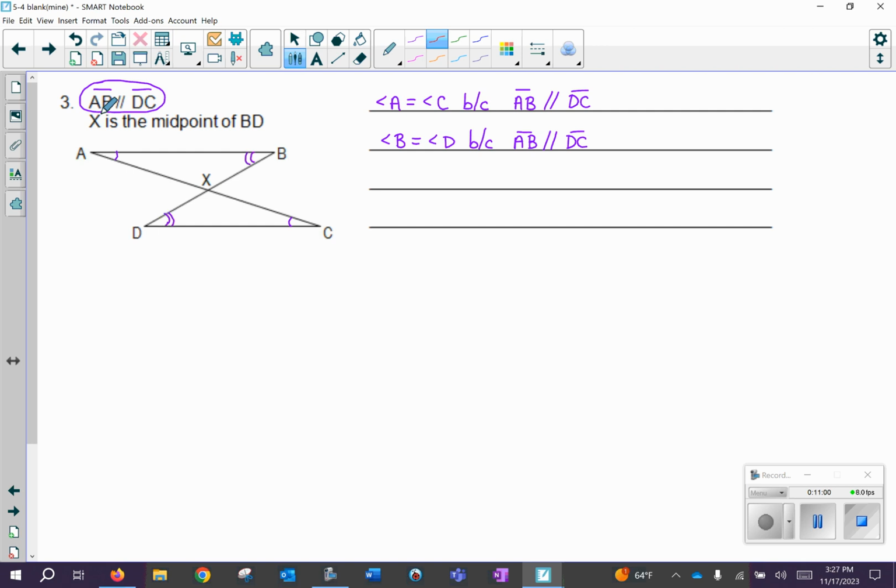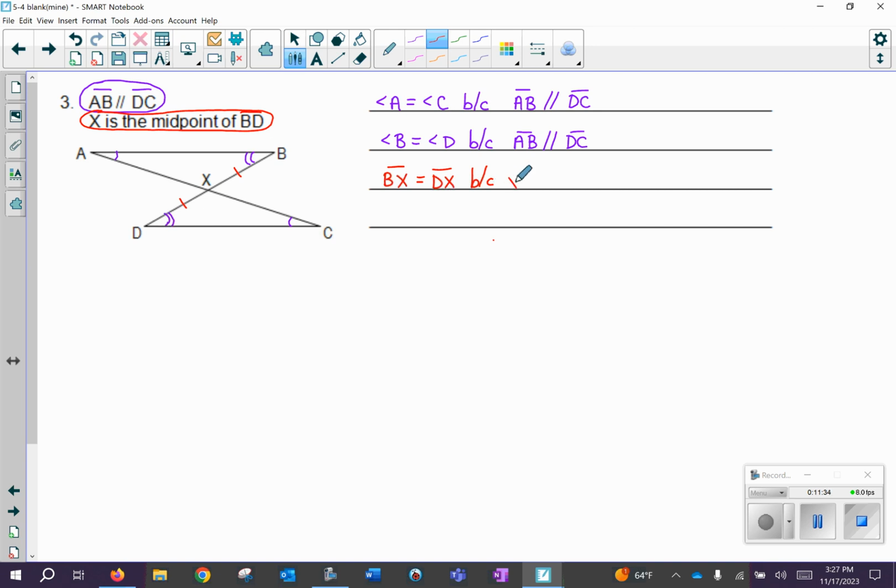So different color. X is the midpoint of segment BD. Well, if X is in the middle of BD, then these two pieces are equal to one another. All right, so I'm ready to say this piece in the top triangle, segment BX, equals segment DX in the bottom triangle because, and you literally write that statement again.